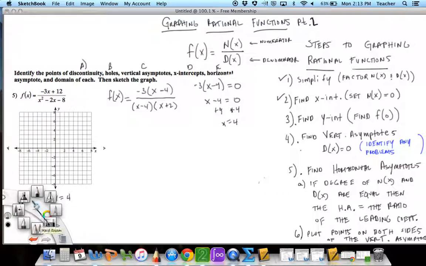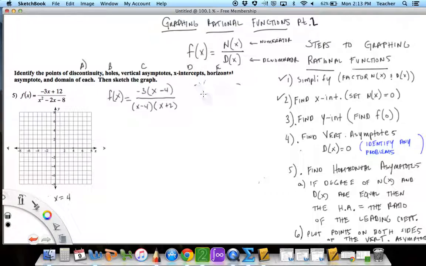My next thing I need to do is find the y-intercept. In order to do that, all I have to do is plug 0 in for x. So f of 0 equals -3 times 0 minus 4 over 0 minus 4, 0 plus 2, which equals -3 times -4 over -4 times 2.